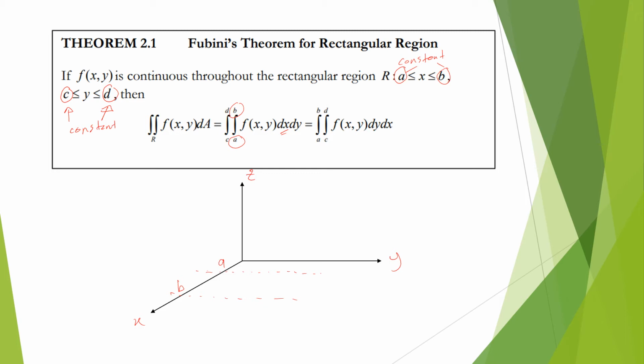And then y is in between c and d, where c is less than d. Here is c, here is d. So the region R is shaded here. Here is our region R.